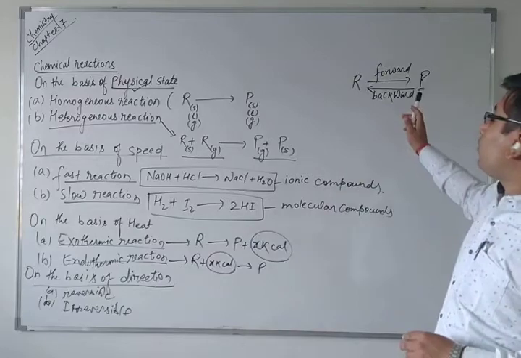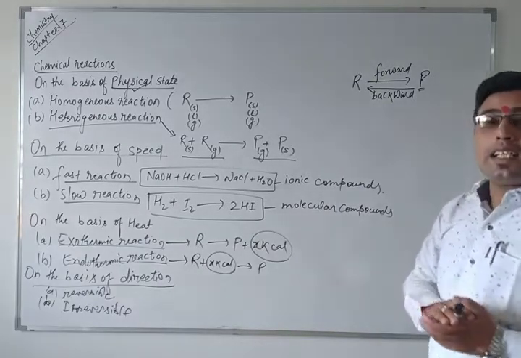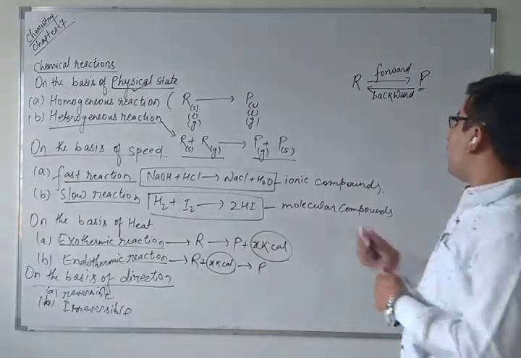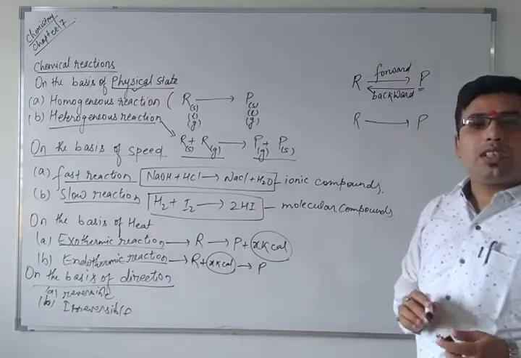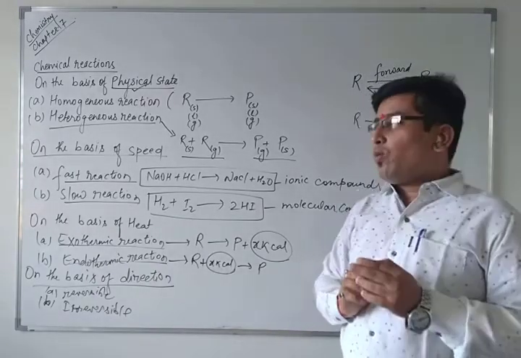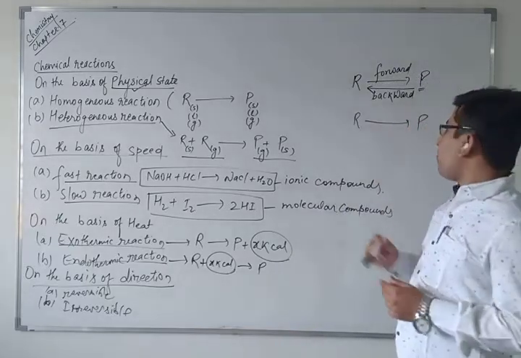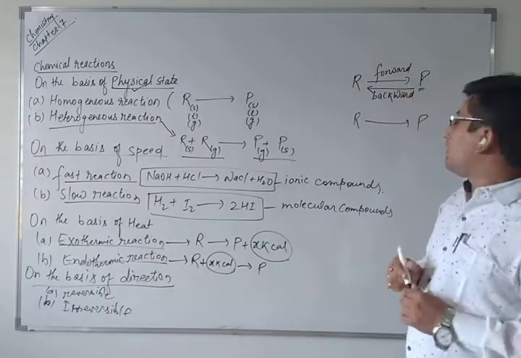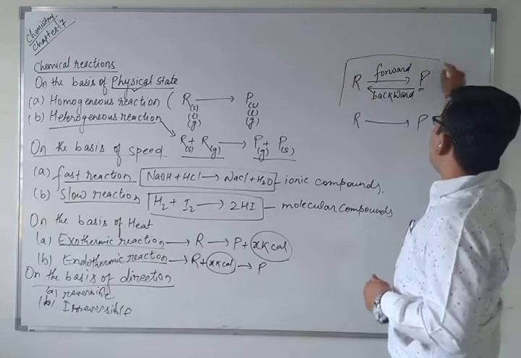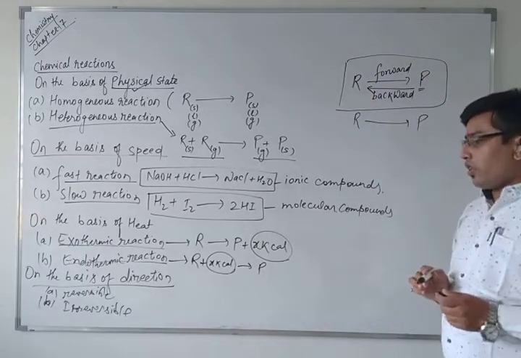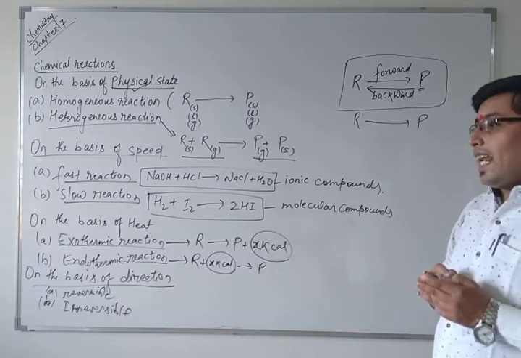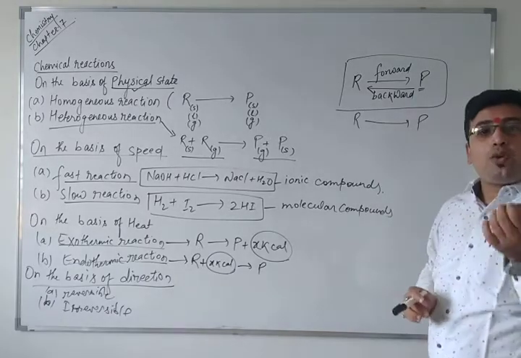Irreversible means that after forming the product, it can't be changed back into the reactant. Now the main topic of today's chapter is the reactant turning into product and product into reactant, which is called a reversible reaction. They have an equilibrium state.